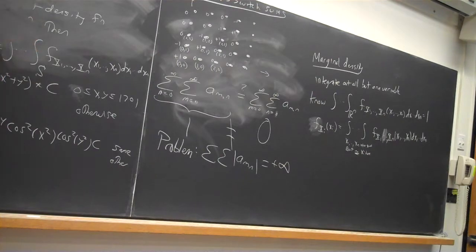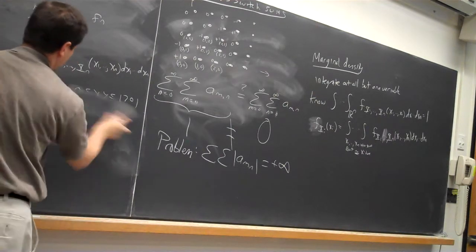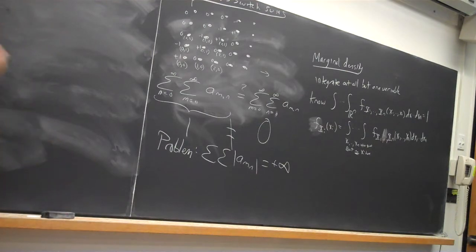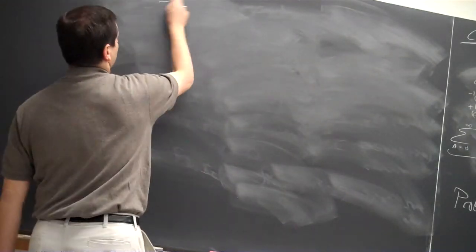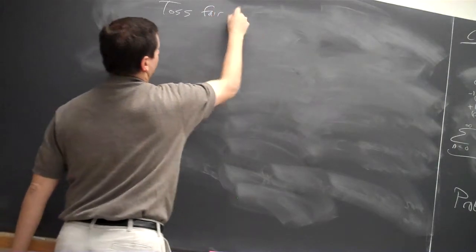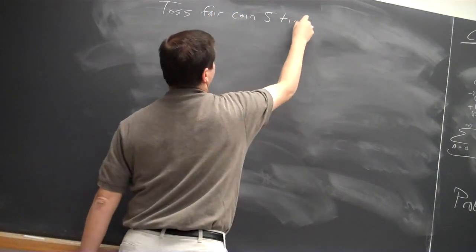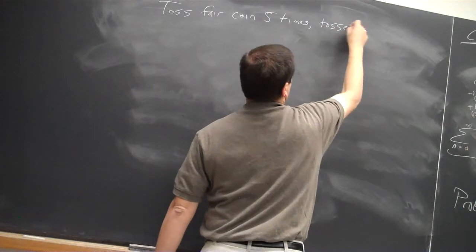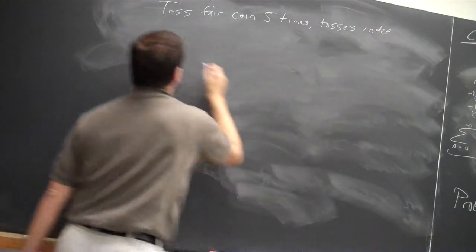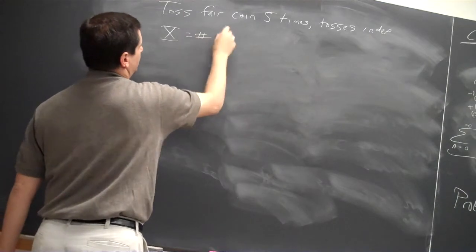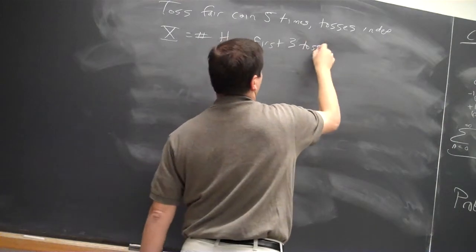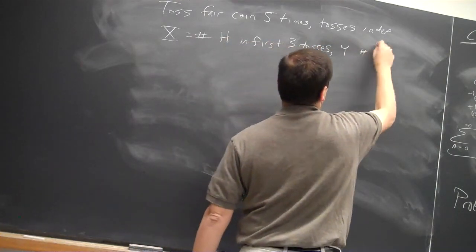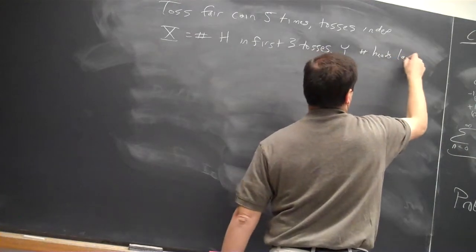Let's take the example where we toss a fair coin 5 times, and I will assume the tosses are independent. X will be the number of heads in the first 3 tosses, and Y the number of heads in the last 2.